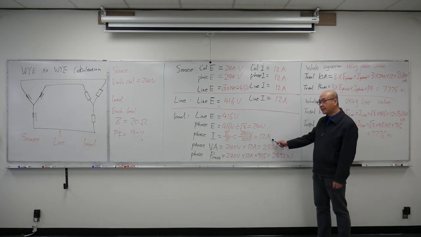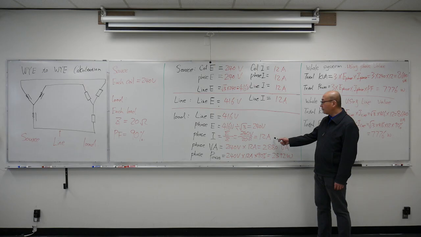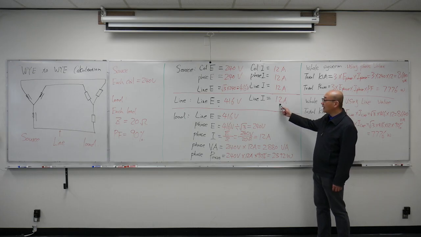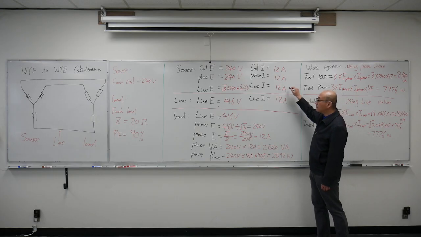Now I have my phase current. The load is connected in Y, so the phase current equals the line current. I have a line current of 12 amps. My source is also connected in Y, so this line current will be the same, 12 amps.